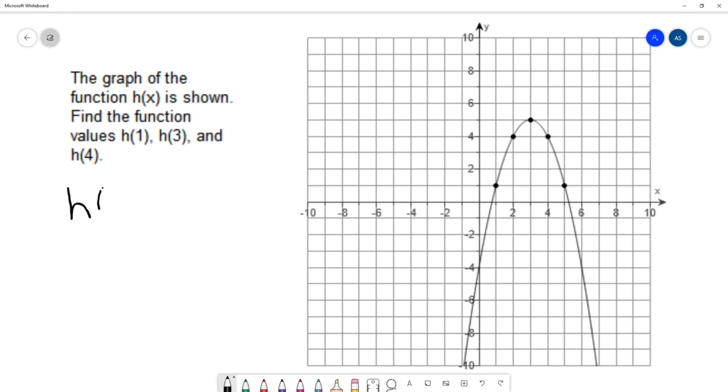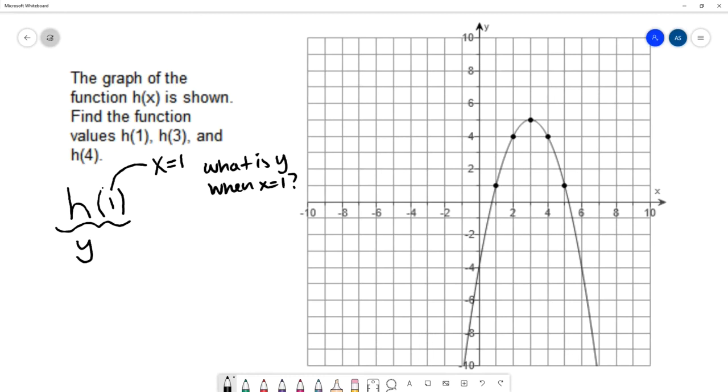The notation h of 1: h is the name of the function, and h represents the y. And the number inside the parentheses represents the x. So this question is really asking, what is y when x is equal to 1? And we're going to get that answer from our picture.